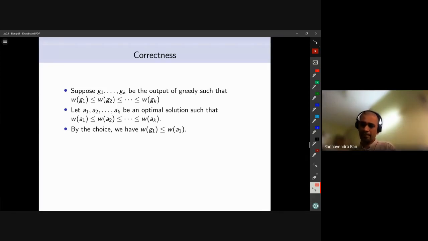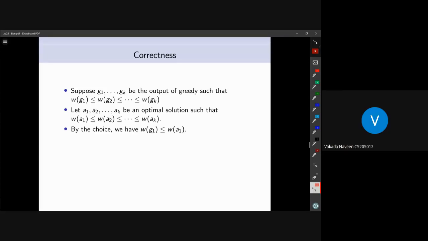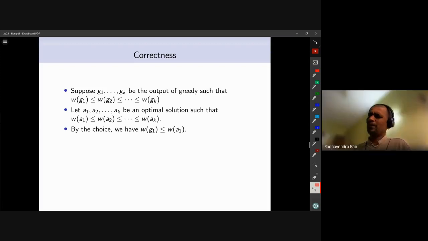Excuse me, sir. Yes. Sir, is it possible that G1 and A1 are different elements, but the weight will be the same? Eventually, yes, it is going to happen. But like I said, this is all we care about: our choice is better than the choice of the adversary.